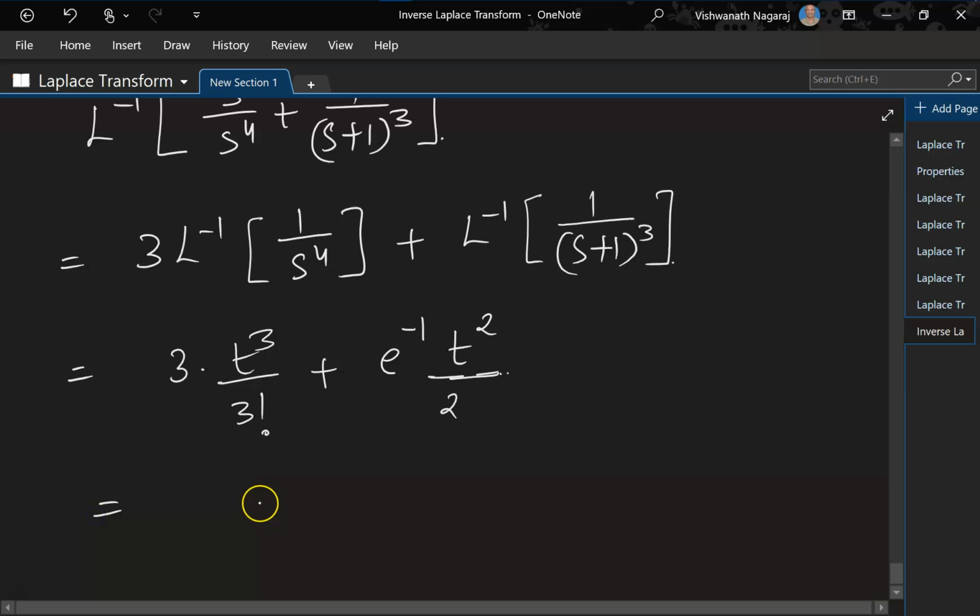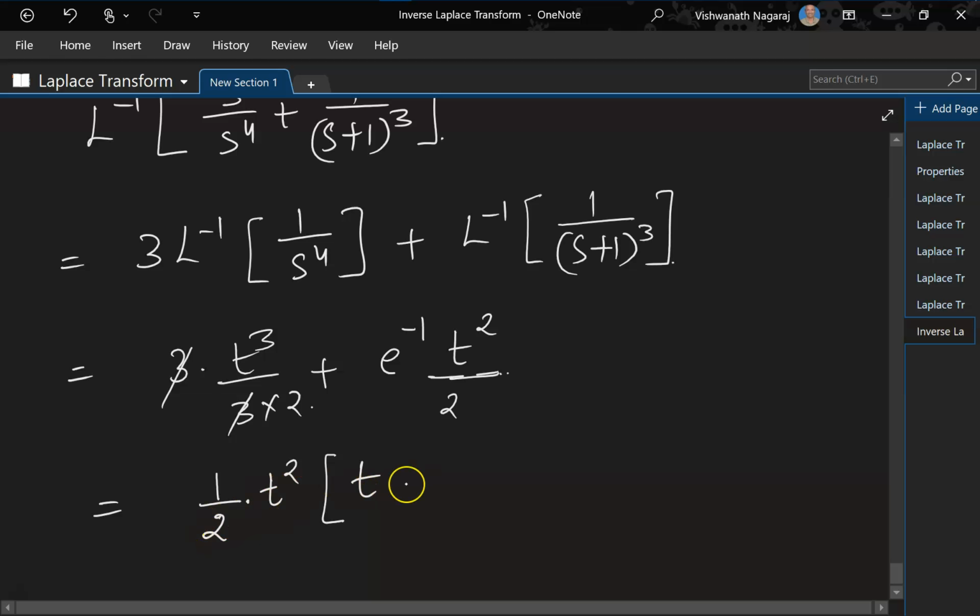Now if you want, you can see, this is 3 times 2. So 3 factorial can be written as 3 times 2. So what we can do is 1 by 2 times t square, we can take it out. Yes, this 3 and 3 cancel out. We can write it as t square, we have taken it out, t.